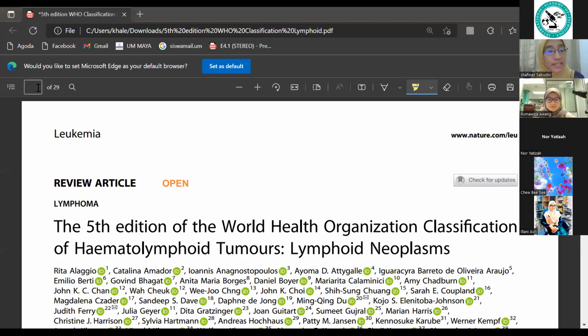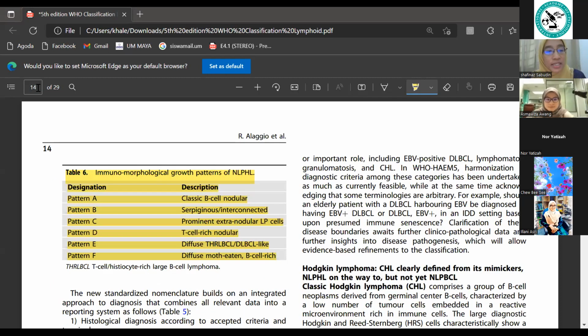Then they have recognized the overlapping features of the variant pattern, especially pattern E, with T histiocyte rich B-cell lymphoma. Let me show you the page. This is the edition where they have put the immunomorphological growth patterns of nodular lymphocyte predominant Hodgkin lymphoma, all the 6 patterns that we have discussed.